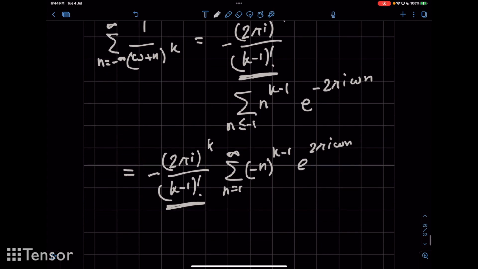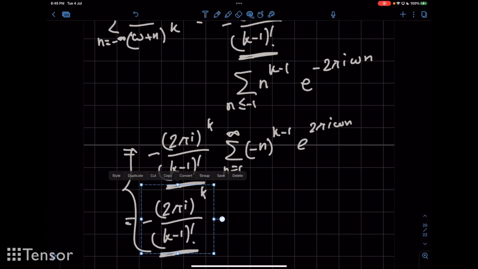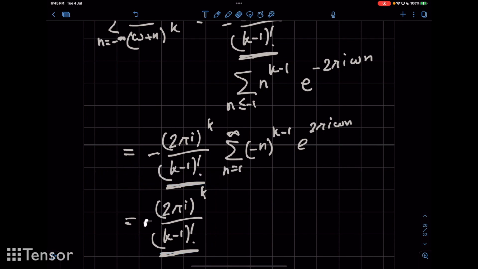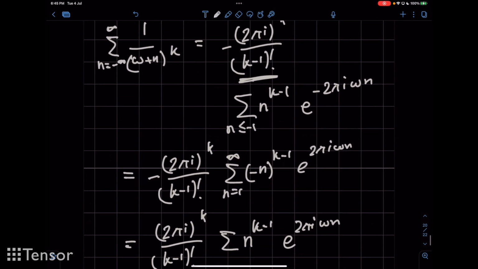So those two negatives cancel each other. So we have again the sum of n to the k minus 1 e to the 2 pi i n w. So yeah, we are almost done.